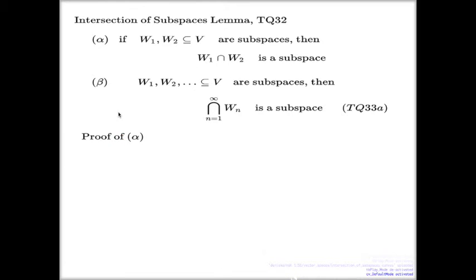Like it or not, if you need to prove something is a subspace, you need to go through the subspace theorem. You need to go through these three criteria we listed at the very first slide today. There's no other option, and you will do this quite a few times through the yellow book. I need to do it here as well, to argue this alpha part of my intersection of subspaces lemma.